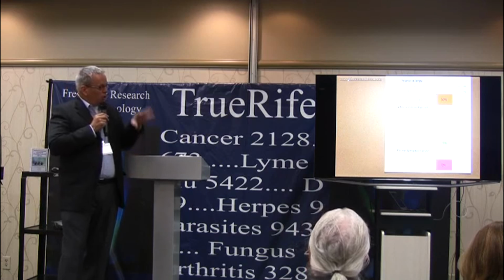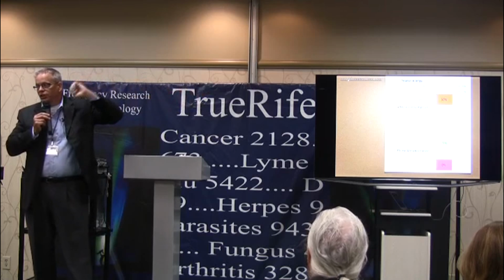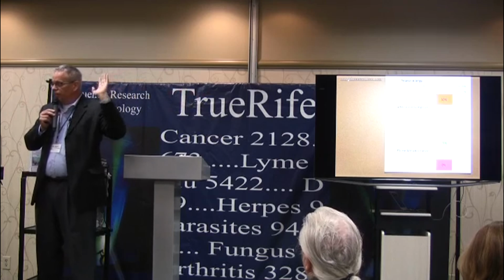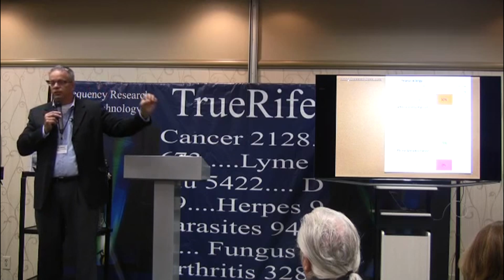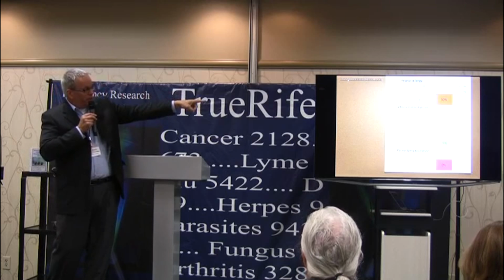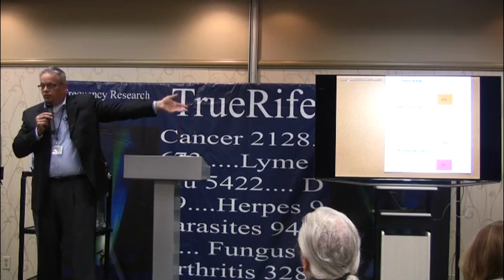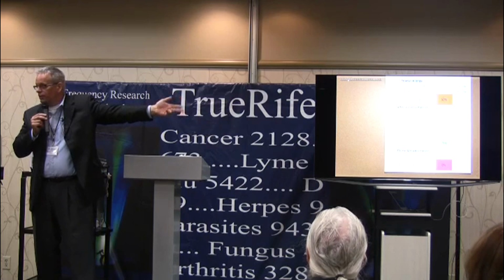So we'll move on. This also tests for peanut allergy genes. Now, I don't see people particularly for allergies anymore. I see mainly cancer and Lyme patients, and even this person doesn't have a known peanut allergy, but she has 2 single allele defects in both the peanut allergy genes.